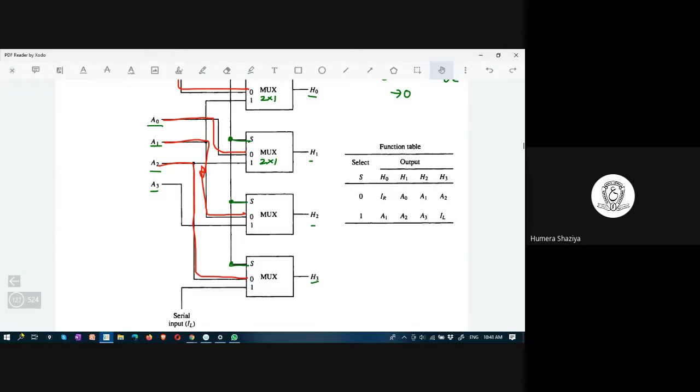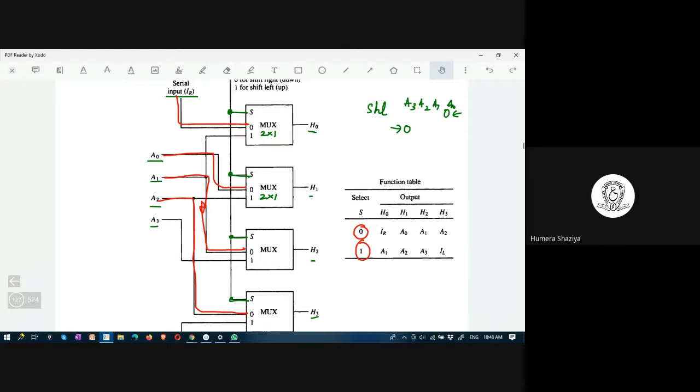This multiplexer: when the select line is 0, it behaves like a right shift circuit, and when S is 1, it behaves like a left shift circuit. And here it is a logical right shift and logical left shift.